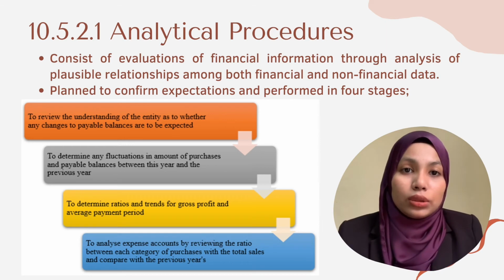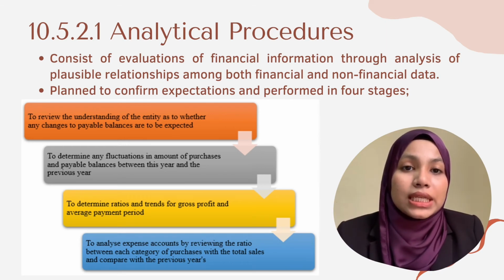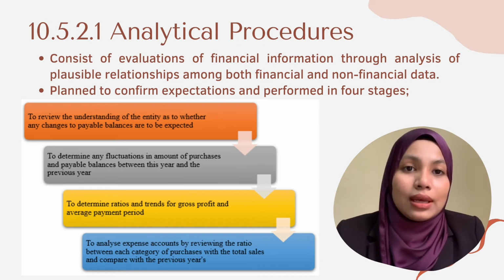The second one is to determine the fluctuations in amount of purchase and payables between this year and previous years. The third one is to determine the ratios and trends for gross profit margin and the average payment period. Any unusual changes in the gross profit margin compared to the previous year's figures signifies the possibility of misstatement in recording purchase.